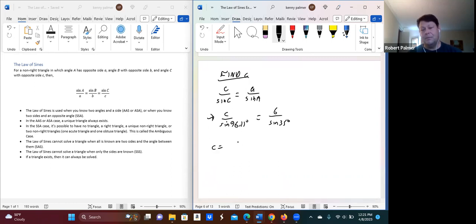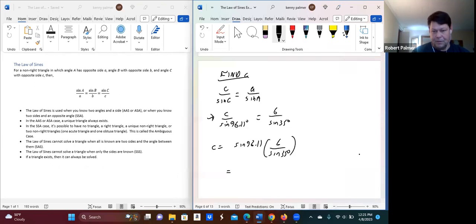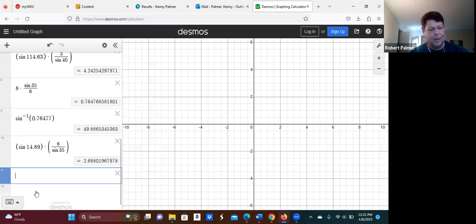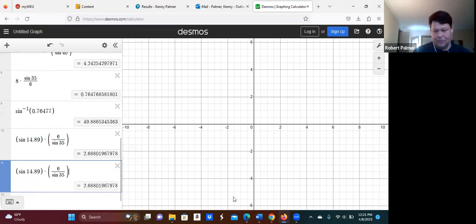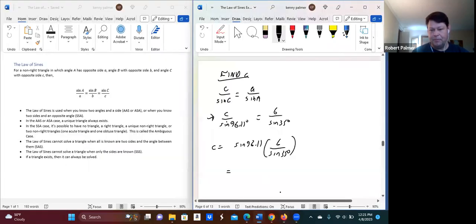So the sine of 96.11 times 6 over sine of 35 degrees. And let's plug that into Desmos. In fact, what I'm going to do is copy this and just change the angle in here. And double check 96.11. Yeah, 96.11.